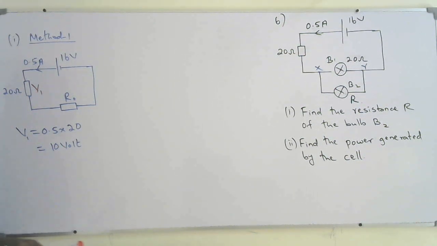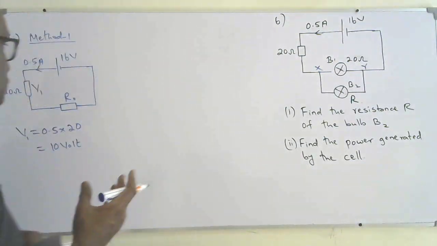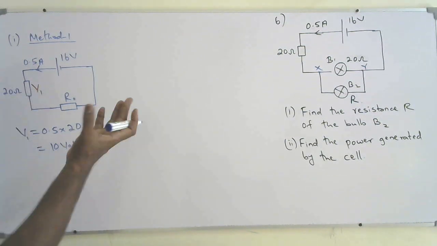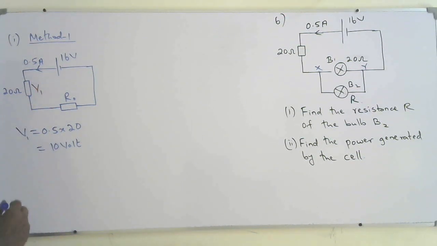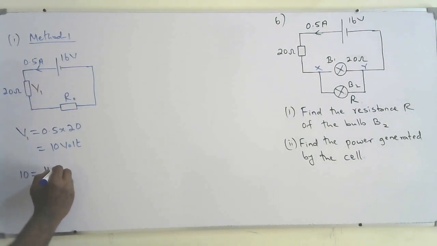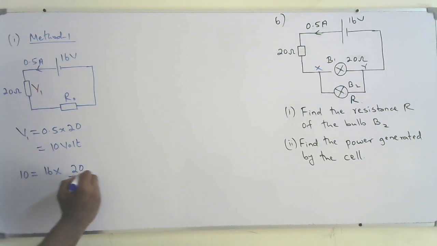So I can use the potential divider method to find R naught. How can I use it? This is 16 volt, the total voltage applied. These two are in series. There is no junction or branch, so they are in series connection. So the 10 volt across the 20 ohm is equal to the total applied voltage into 20 over 20 plus R naught.